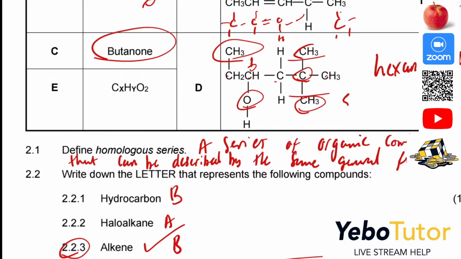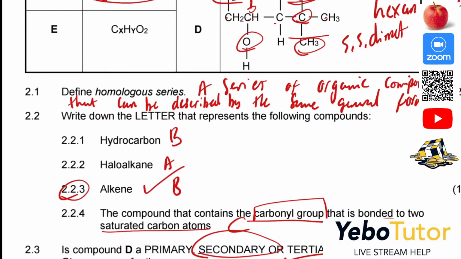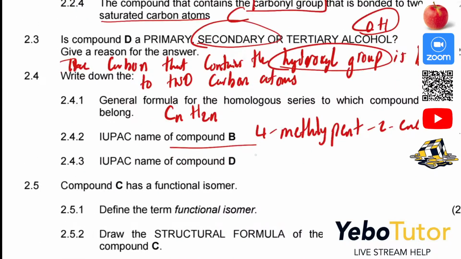So now that will be 5,5-dimethyl, because they are both methyl and there are those 2 chains there. So that would be 5,5-dimethyl. And of course we know that this is hexane because the parent is 6, and the OH is on position number 3. So that is not bad.